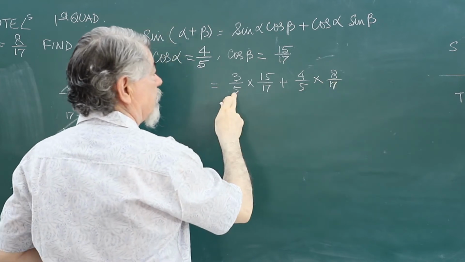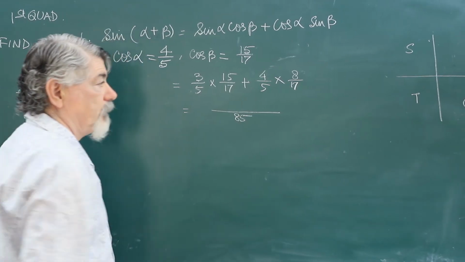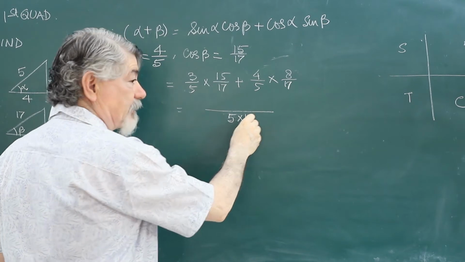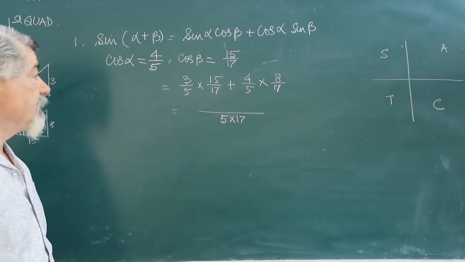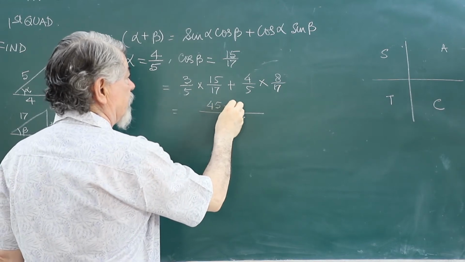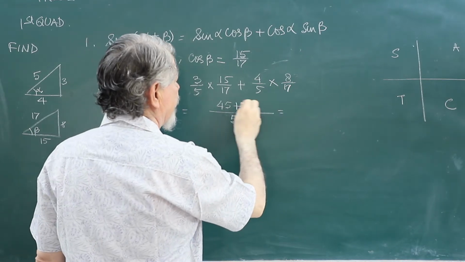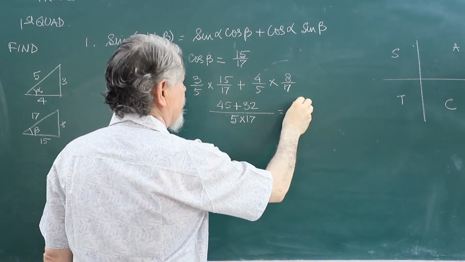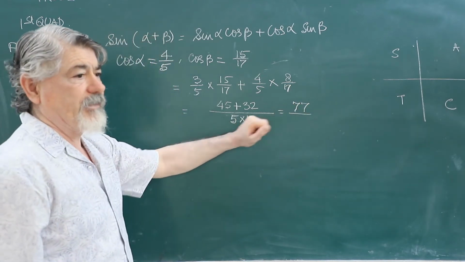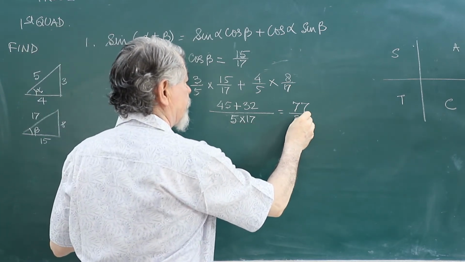The denominator is the same, 5 into 17, which is 85. If somewhere we can cancel, we will see. 15 threes are 45 plus 4 eights are 32, which comes out to be 77. It cannot cancel, neither 5 nor 17 divides 77, so we write 85.